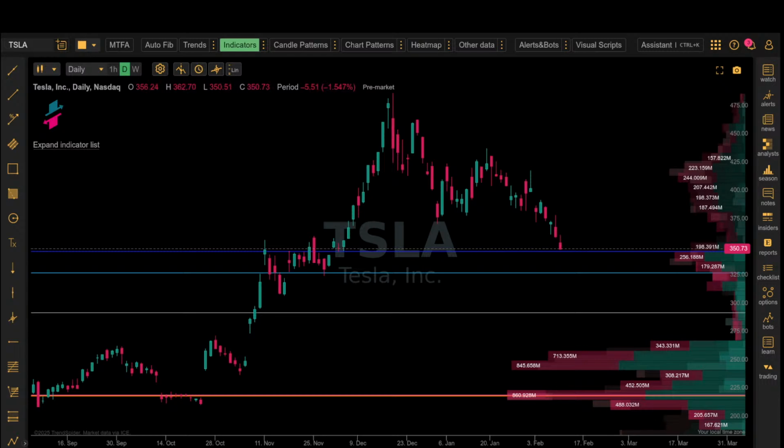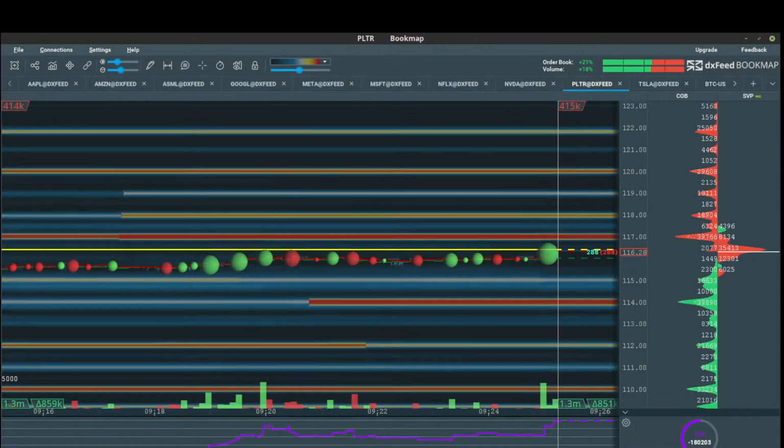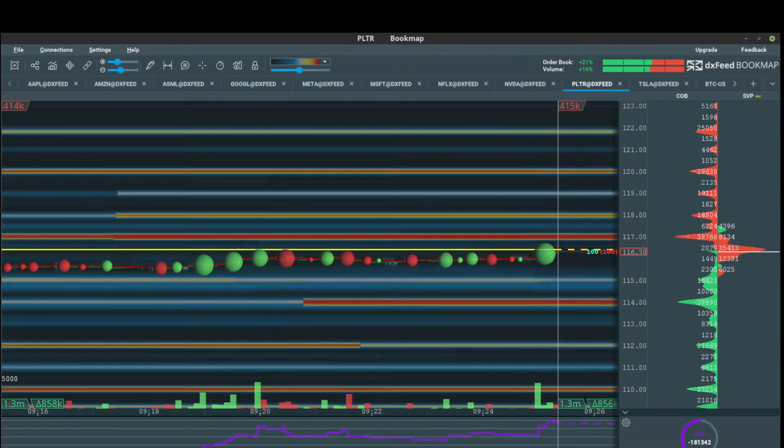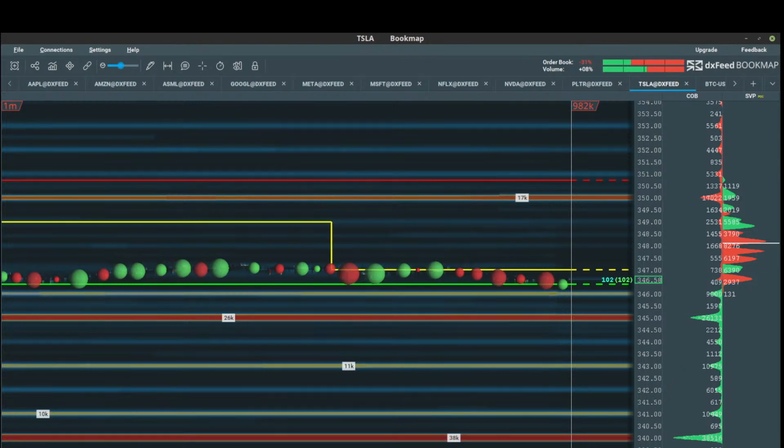So let's go into Bookmap, take a look at Tesla this morning. And Palantir, by the way, big level at 117, about 39,000 shares on offer there, and big level at 114, about 39,000 shares on bid. Tesla this morning continuing its downward trend, down 1.19%.